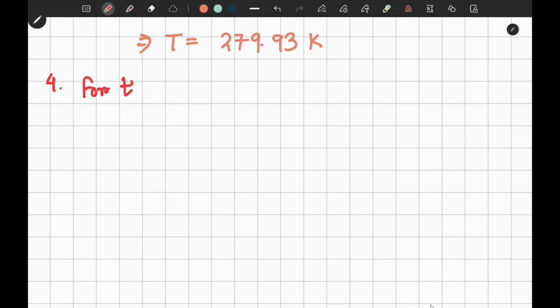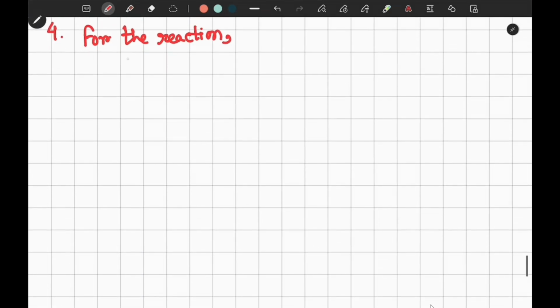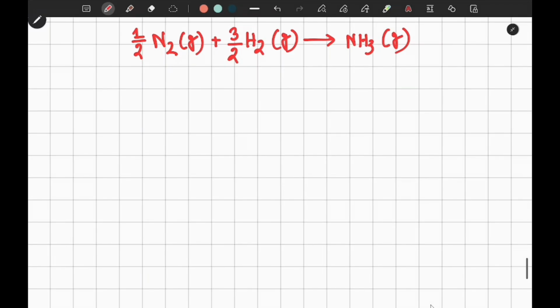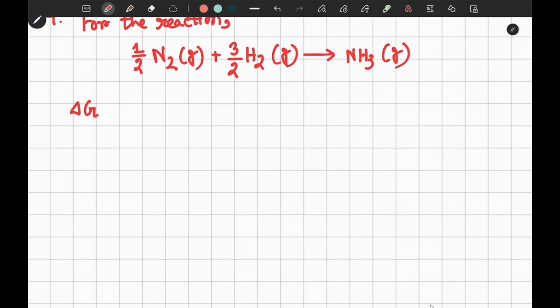For the reaction, this is the reaction given, and for the reaction, the given things are delta G standard is minus 16 point, delta H standard.